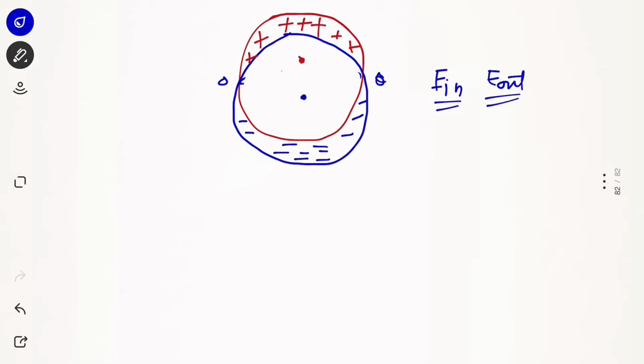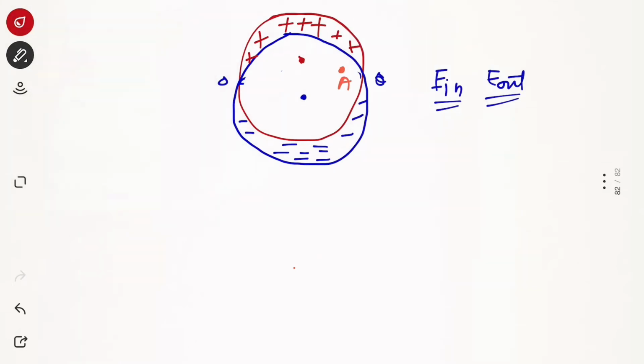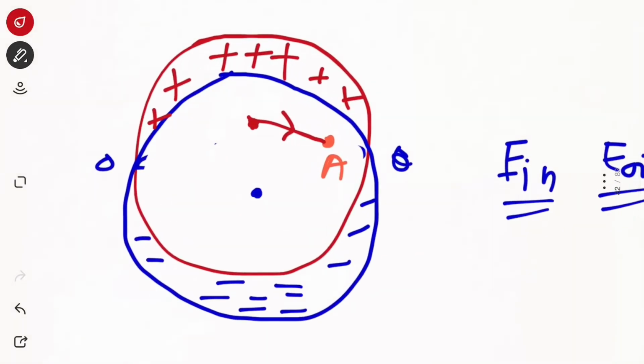Now let us consider we have to find E inside. For E inside, let us take any point here, and let us name this point as A. I can draw a position vector from the positive center, and I am writing this position vector as R plus.